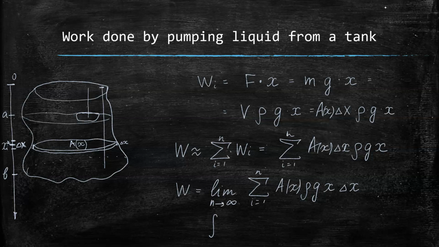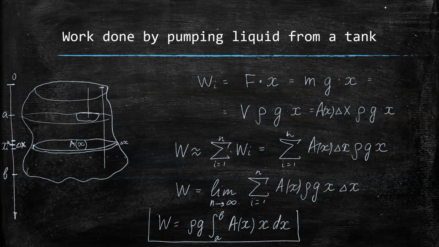So we're going to be integrating from a to b, and we're going to be integrating this function, where A represents the cross-section of the tank at x units deep. Rho g are constants, they can be factored out, and the only thing that's left here is x and dx. So this is the formula for finding the work needed done by a force lifting, or rather pumping, the liquid out of some tank.